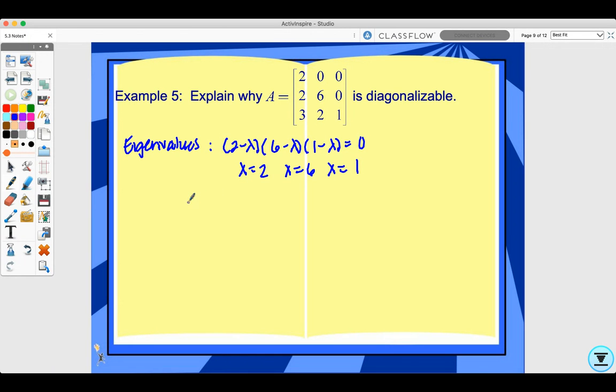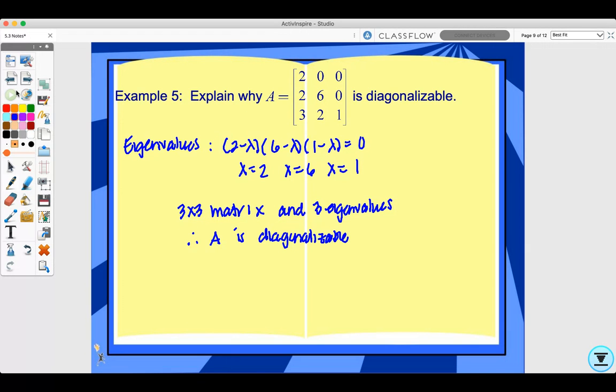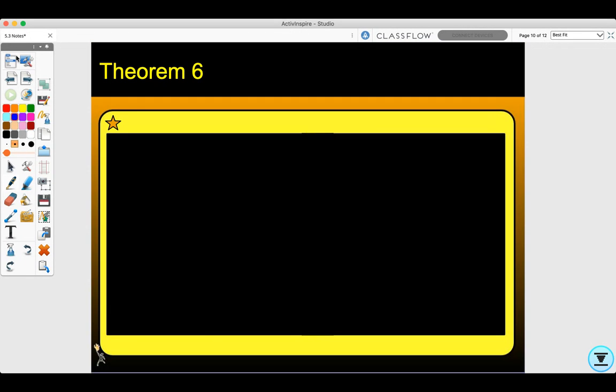So this is a 3 by 3 matrix, and there are 3 eigenvalues. Therefore, A is diagonalizable. Theorem 6. An n by n matrix with n distinct eigenvalues is diagonalizable.